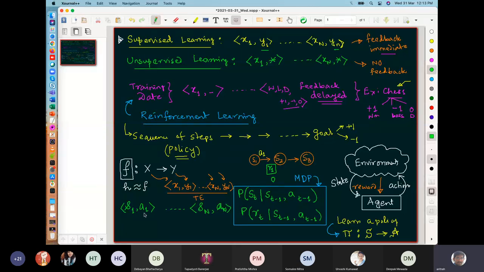However, what we are given instead is a reward here. Everywhere we have a state, we are given an intermediate reward at state i instead of the direct outcome or the final goal to be attained. So this is the training example for reinforcement learning, and this is the training example for supervised learning. That's the primary difference.